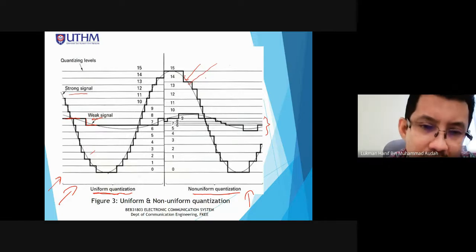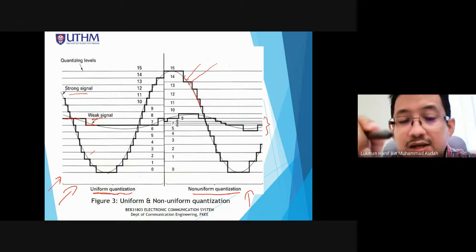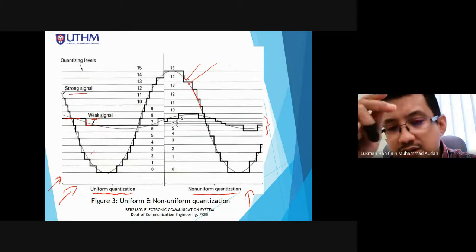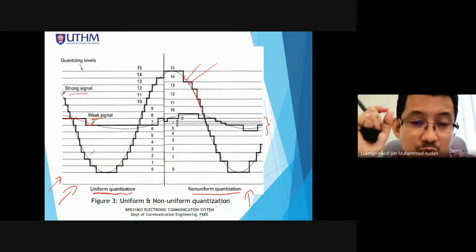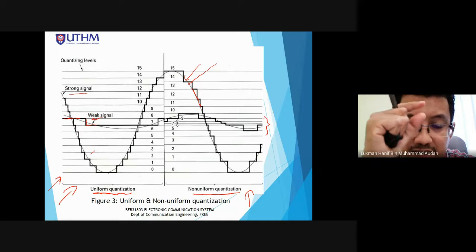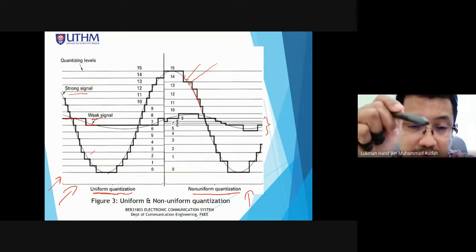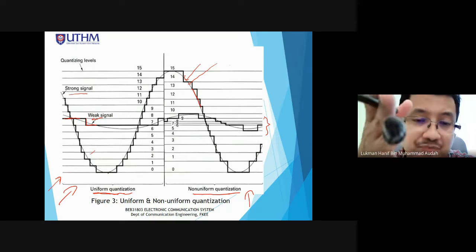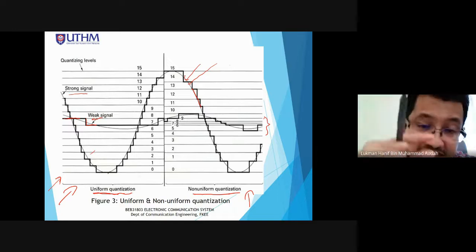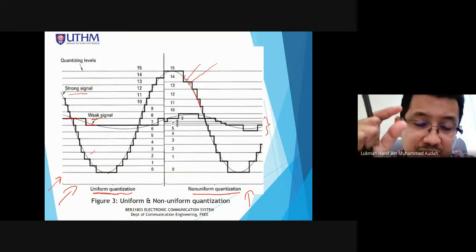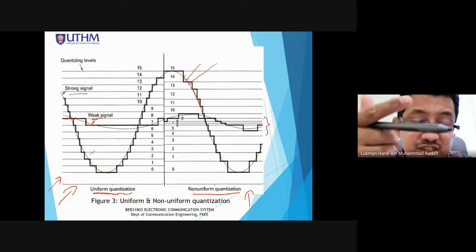Yang mana kalau lagi curam dia punya slope ini, lagi banyak step size yang diperlukan untuk kita melihat secara detail. Kalau slope itu semakin curam, that means if the slope is more steep, berlakulah perubahan yang sangat cepat. So that means we need more quantization level.